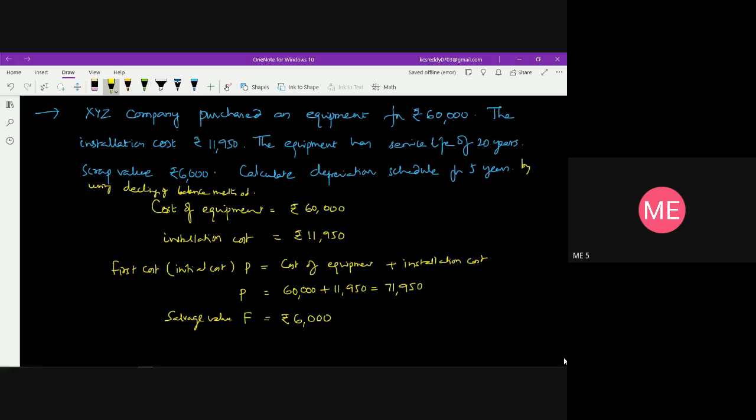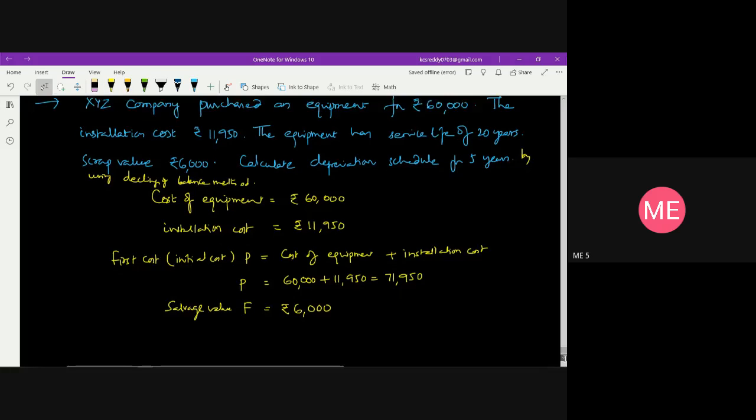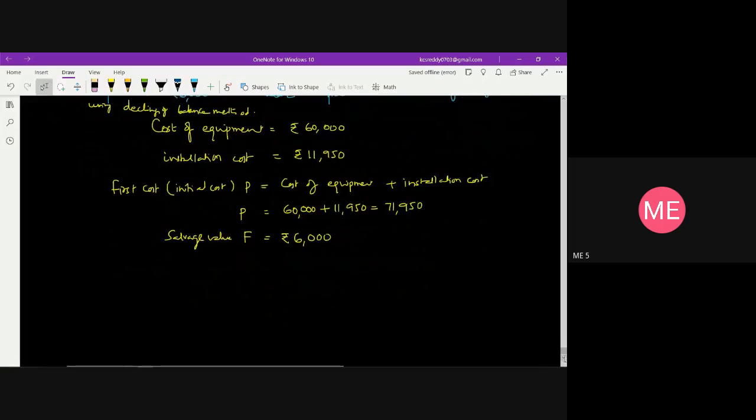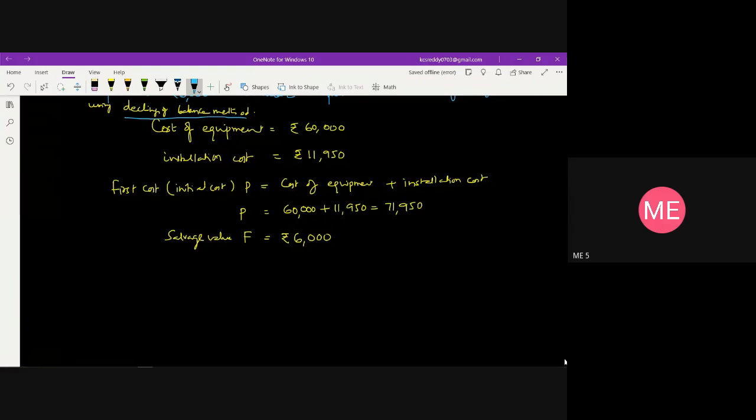So we know that the salvage value and the first cost are known. Then in the declining balance method we need to find out the constant percentage of depreciation, that is the fixed percentage, which we have defined as K.